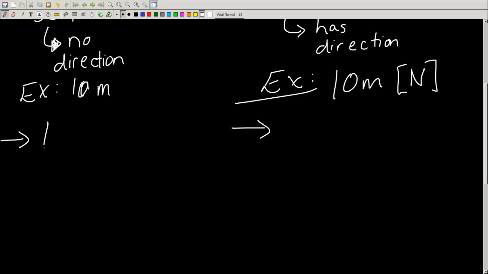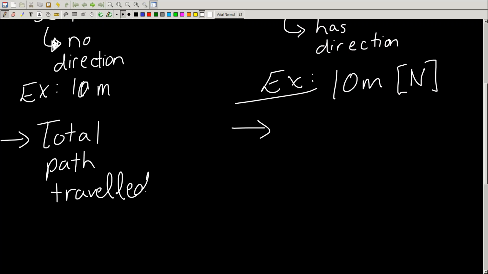The distance is the total path traveled. And this is another major difference, because the displacement is just the change of position.